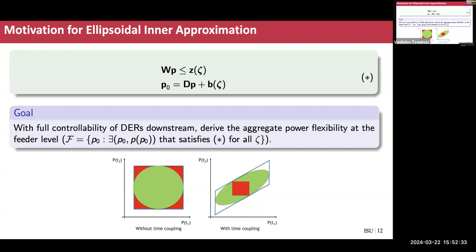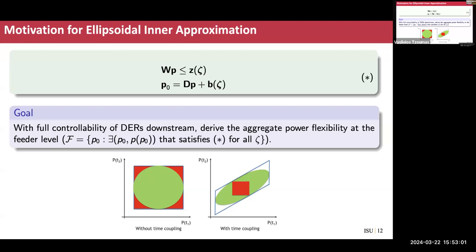Maybe this red region captures the actual aggregate flexibility region really well. And if we do an ellipsoidal inner approximation, this inscribing circle or ellipsoid, maybe it doesn't capture the flexibility as well as a rectangle when there's no time coupling. When there's no time coupling, it means that the flexibility in one time period is not affected by the flexibility in another time period.